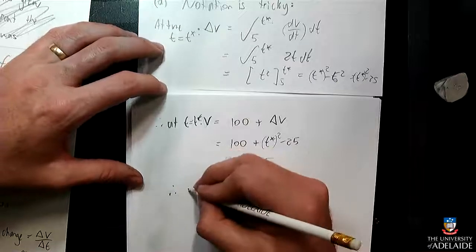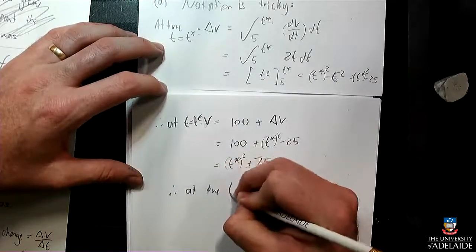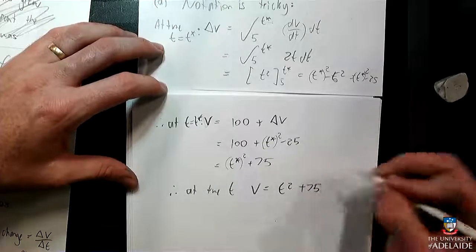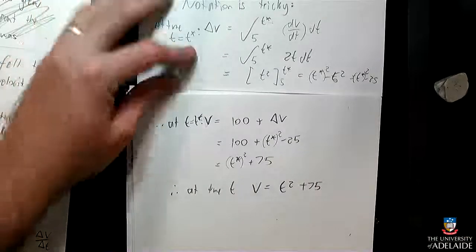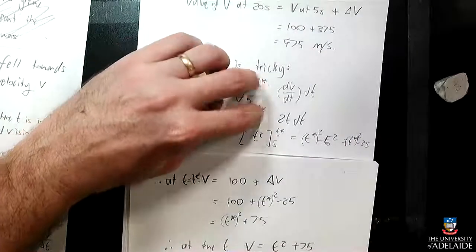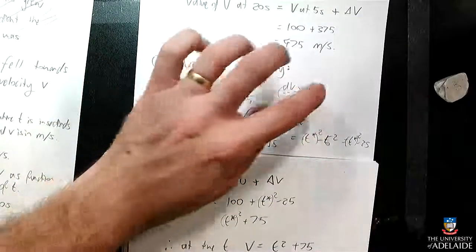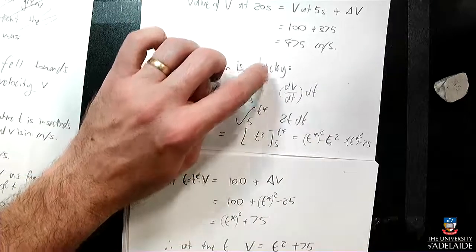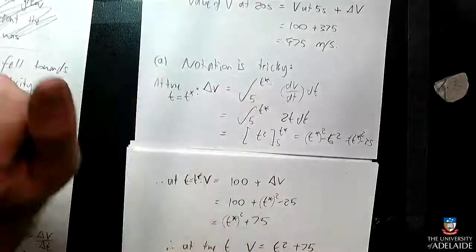And so therefore, at time t, V must be t squared plus 75. And so it's a bit tortured. And what some people will do is they'll happily put a t in this space and that space, remembering that this t is a variable and this t is a fixed value of t, a fixed unknown value of t, and just being able to keep track of them.